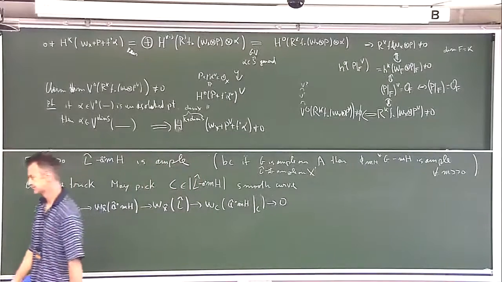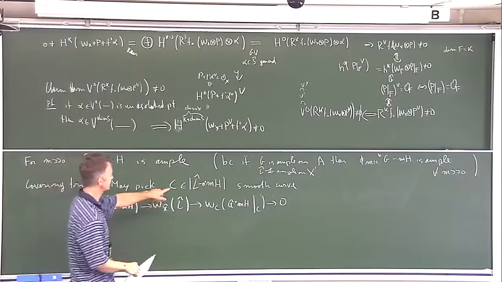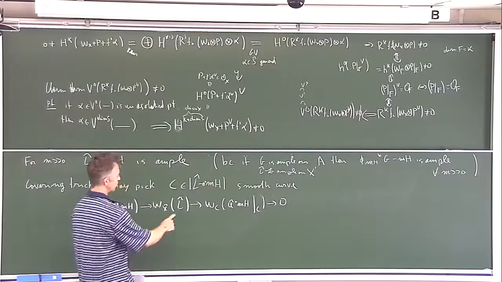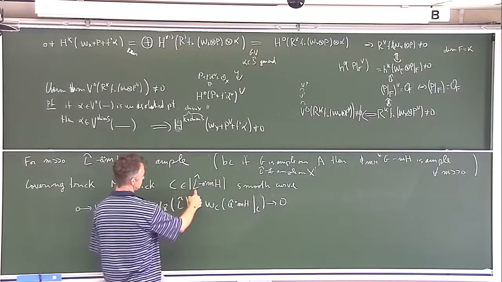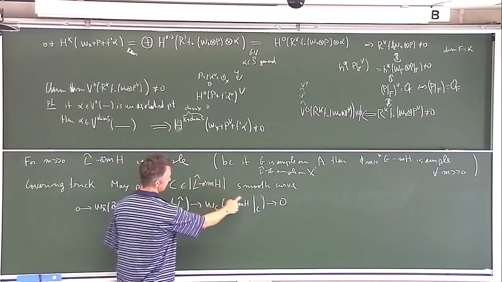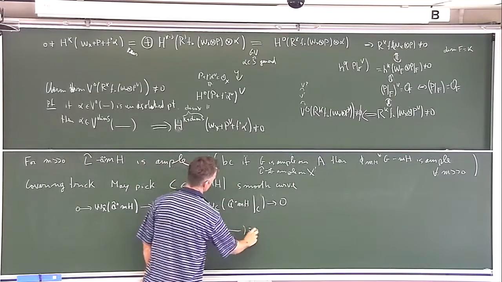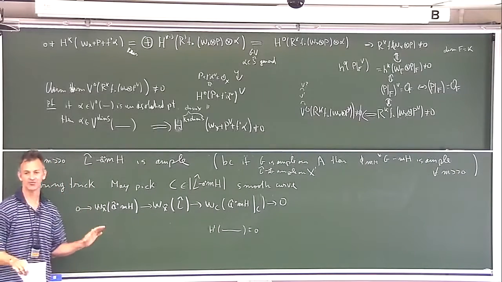Now the whole point of picking C in here is that I can consider this short exact sequence. Omega C is given by omega X hat plus C, and so you're left over with this A hat upper star MH restricted to C. H1 of this is 0 because Kodaira vanishing certainly holds on a curve in dimension 1.